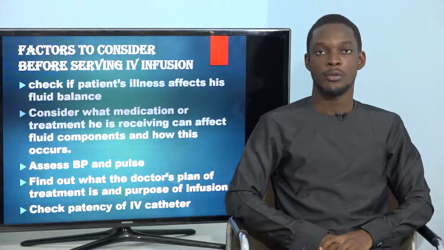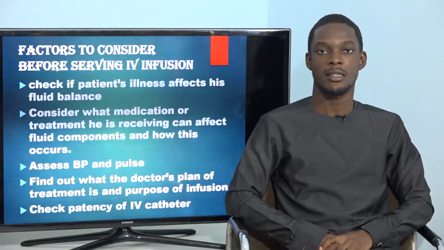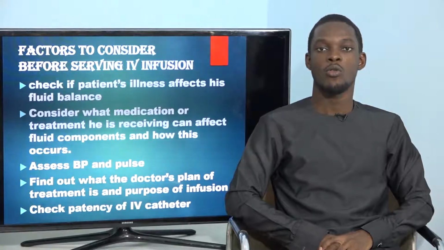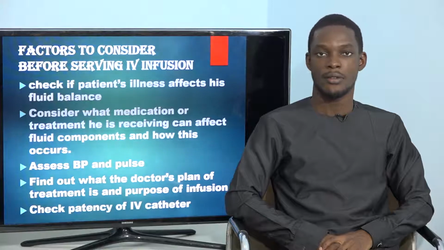It may rapidly increase the pulse or rapidly decrease the heart rate. It may rapidly increase the blood pressure or rapidly decrease the blood pressure and result in medical complications. As such, it is necessary to always check the pulse and the blood pressure, irrespective of the IV infusion.